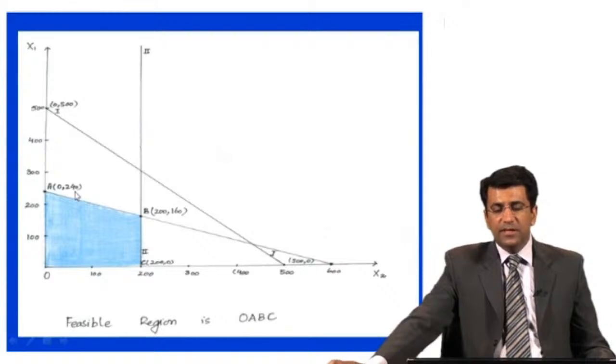Now this is B, but we don't know the coordinates of B, but we can always calculate them because it is the intersection of this constraint, which is represented by a line parallel to the y-axis, and this constraint. So we can always solve these two equations of lines in order to find the coordinates of B. And the third corner point is C, that is 200 and 0.